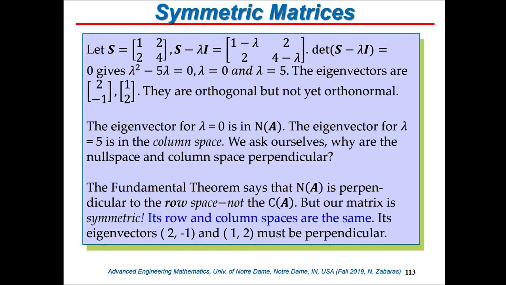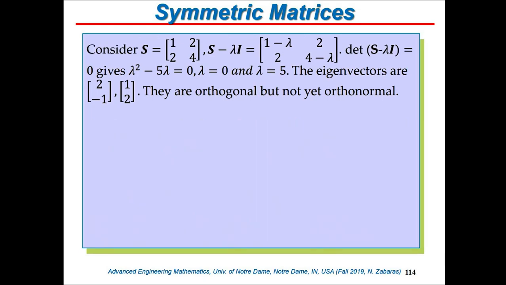Because from the fundamental theorem you anticipate getting something from the row space, in addition to the eigenvector in the null space, but the other eigenvector here is in the column space. Well, this is not a paradox, because this matrix is symmetric, so the column space and the row space are identical. So nothing is strange in this particular case.